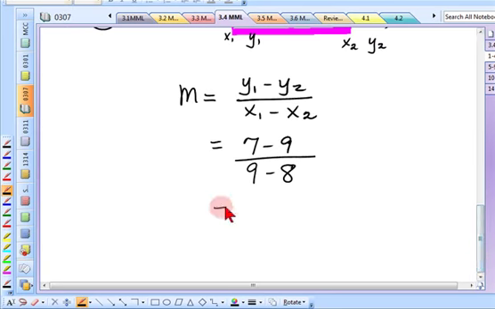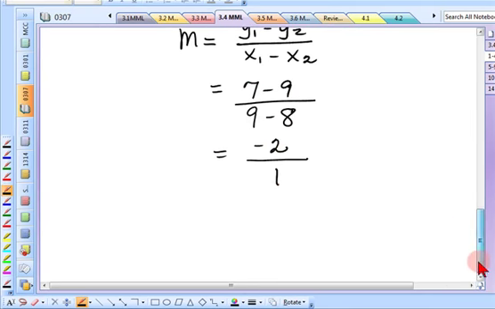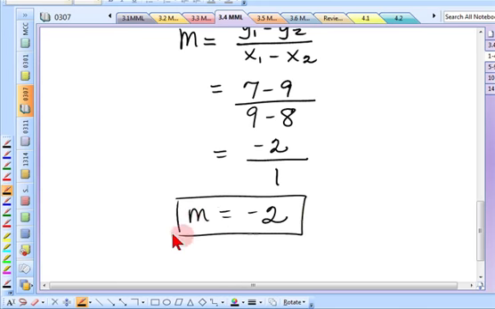All right, the numerator simplifies. 7 minus 9 is negative 2. The denominator simplifies as 1. If you get a fraction that is equal to a whole value, an integer, then write it as an integer. If it's not, leave it as a fraction. Never write a slope as a mixed number. Here the slope is negative 2.